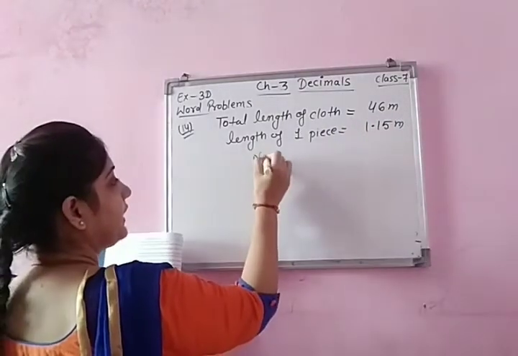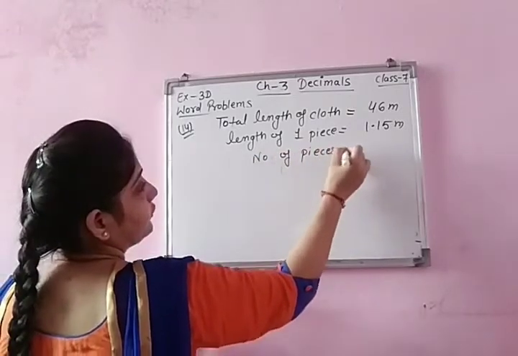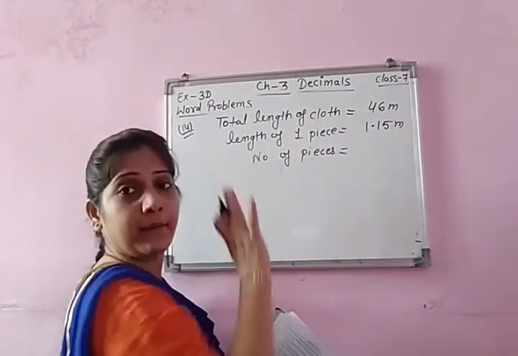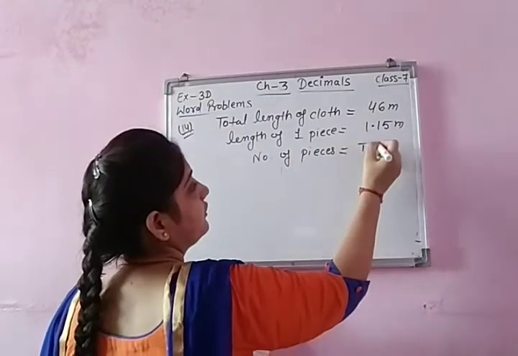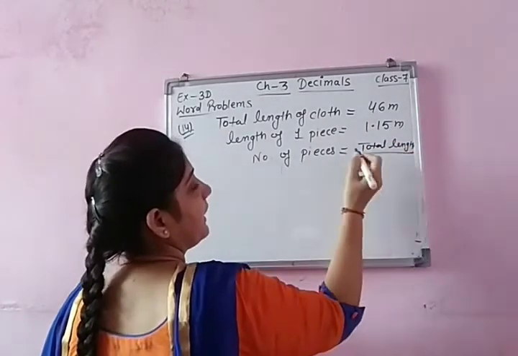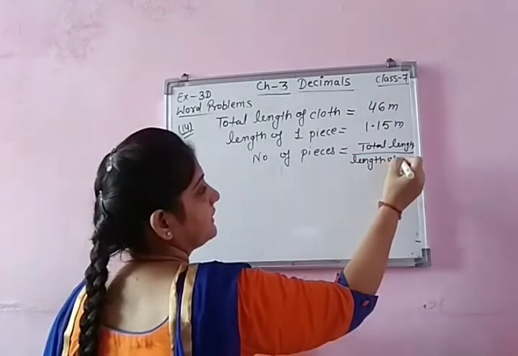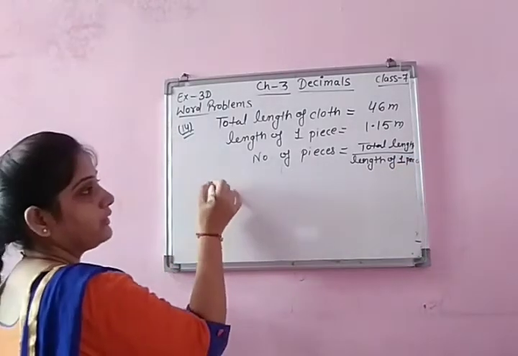Now we want to find how many number of pieces we need to find, and I told how to find number of things. Total divided by the length of one. Okay, length, cost, whatever it is. So total length divided by length of one piece. You have to write this formula if you are doing with that.